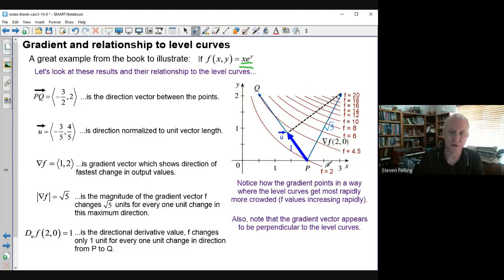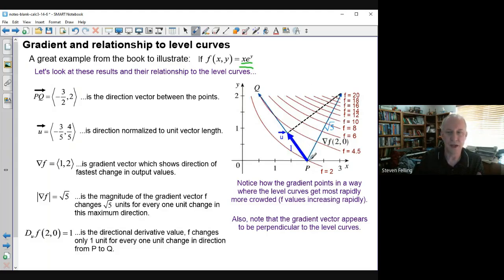The surface is 2 high at this location, 4.5 high here, 6 high here, 8, 10, and so on. It's growing up, sort of like a topographical map, and this is the top of a mountain up here. All right, so PQ would be the direction between the points. We want to move from point P to point Q. The first thing we did was find a unit direction vector, negative 3/5, 4/5. That's that same direction, but only 1 unit.